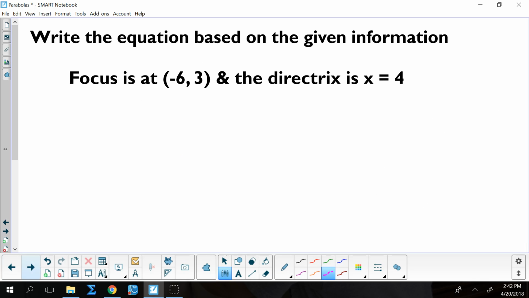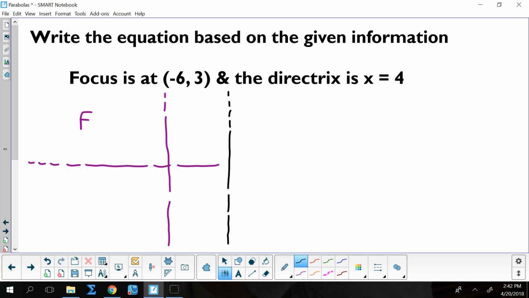Okay? Now this one is a little more tricky because I have the focus at negative 6, 3. So that's going to be over there. And I have my directrix at x equals 4. So this whole distance here is, this is over here at negative 6, this is over here at positive 4, so that whole distance is 10.